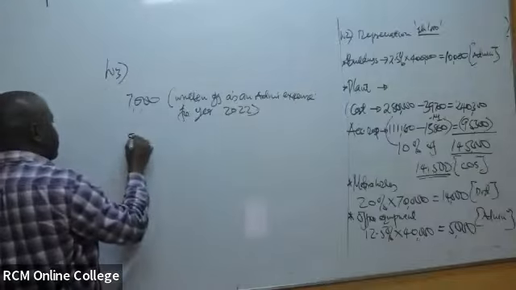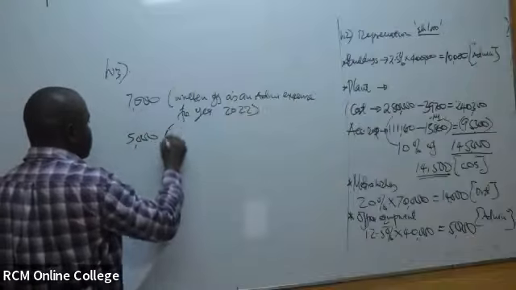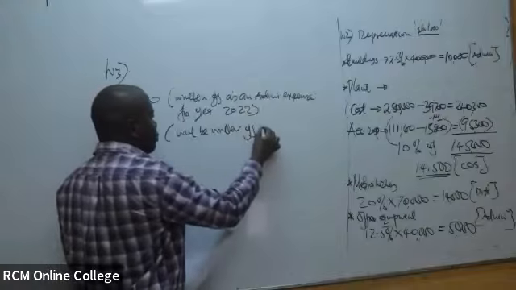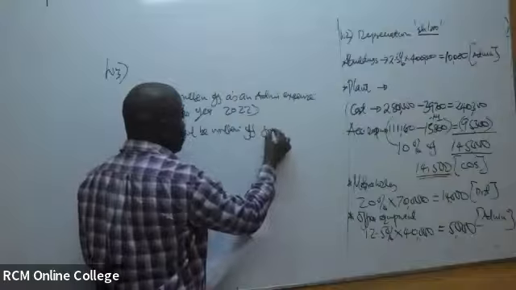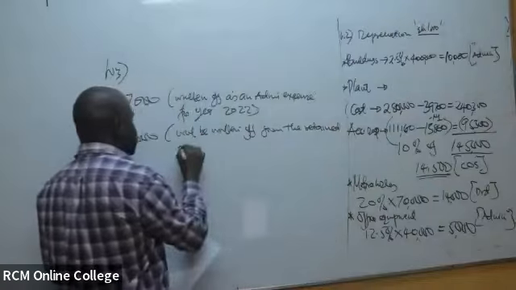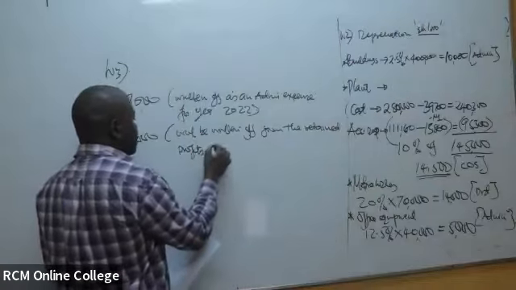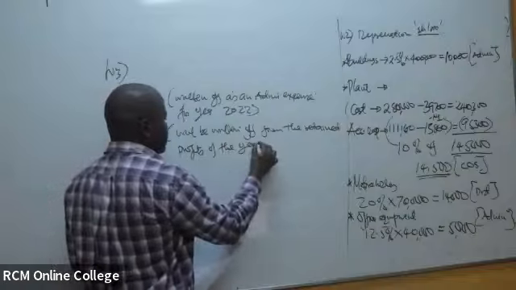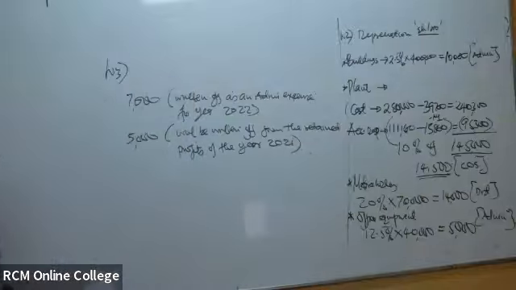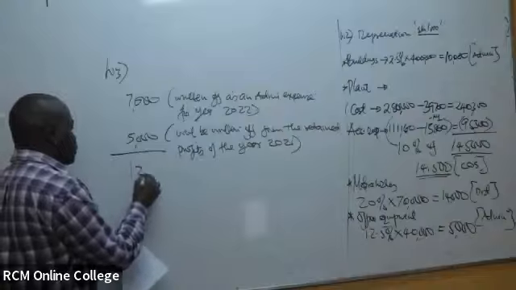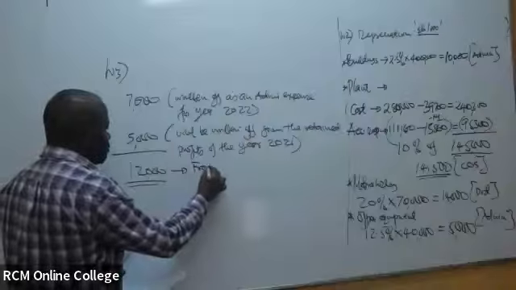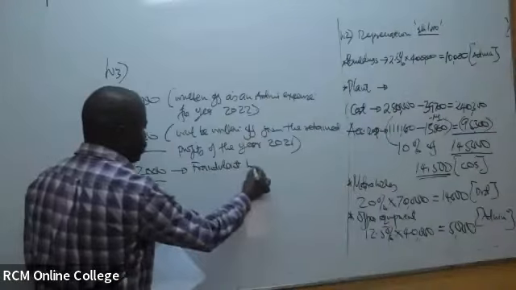Then of course, 5 million will be written off from the retained profits of the year 2021. So the total here of the loss is actually 12 million, which is basically the fraudulent loss.